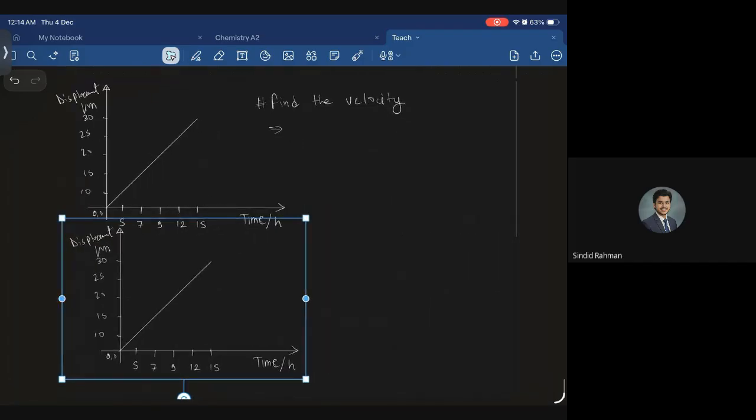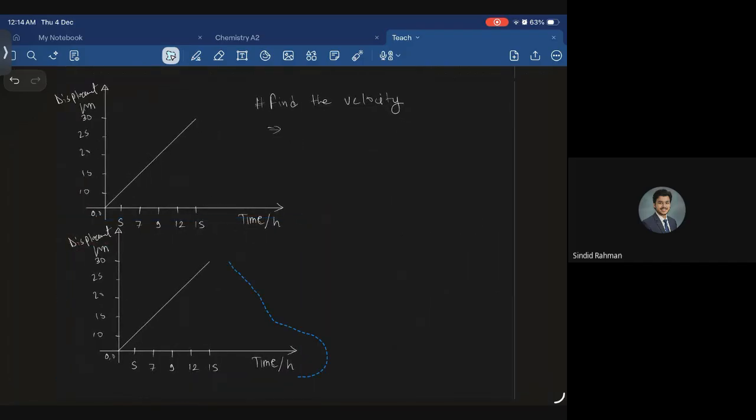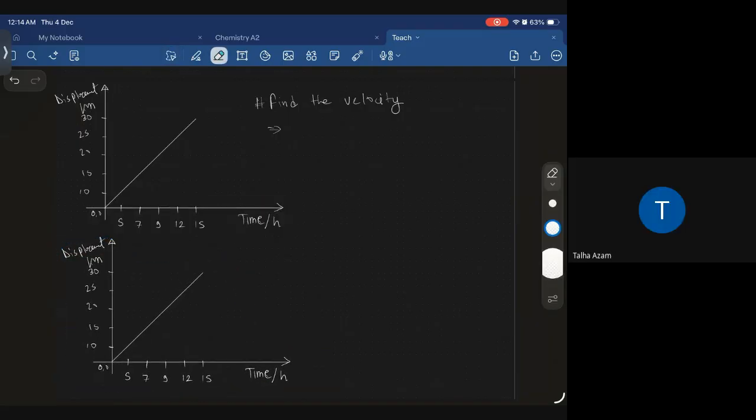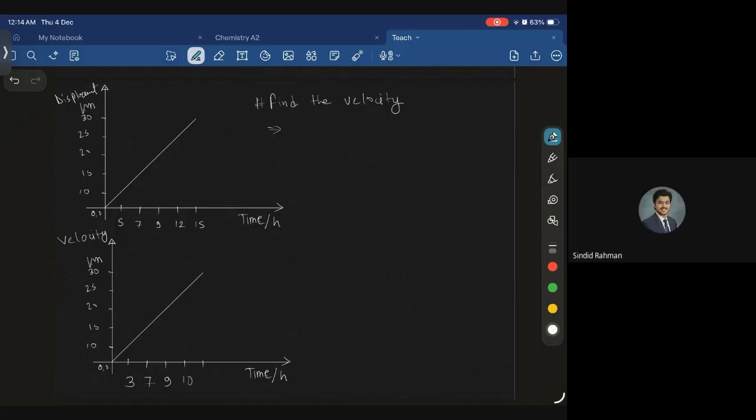You do displacement times time. I think this is displacement over time, or it will be a displacement time graph. 225.